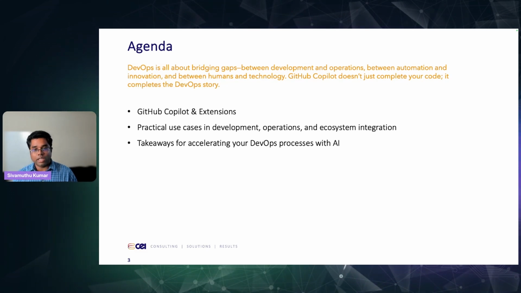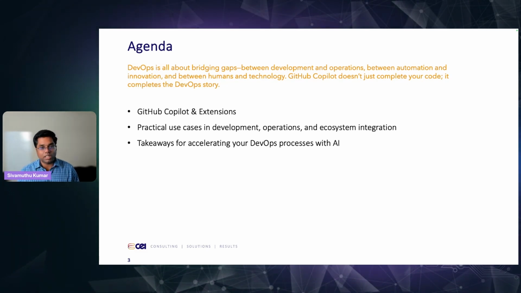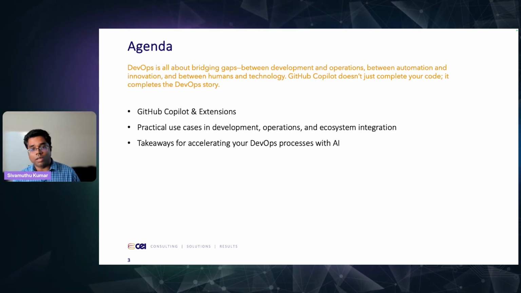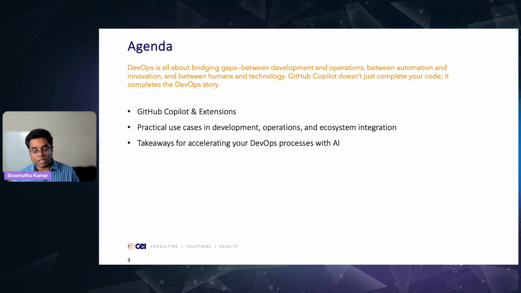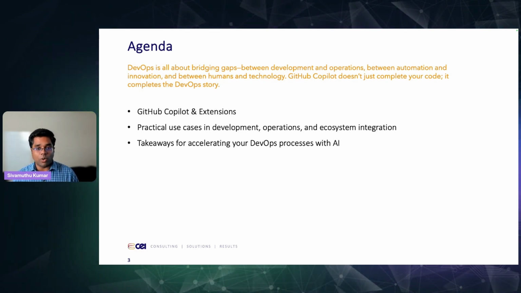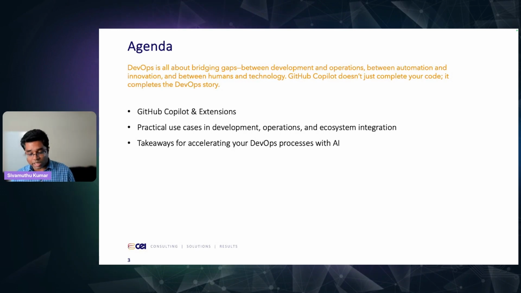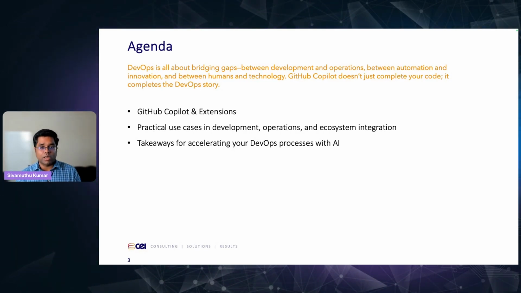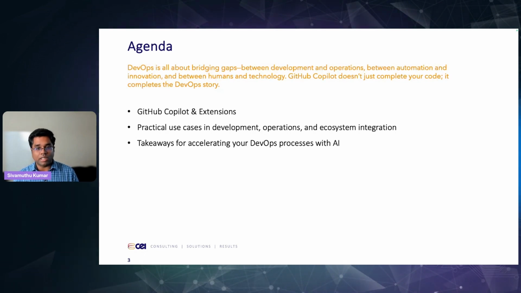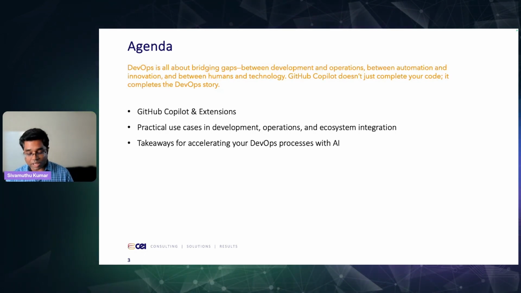GitHub Copilot started as a coding suggestion tool, and with the new set of features and the new direction it's going, it's not only writing code or giving code suggestions. Now GitHub Copilot is trying to complete the narrative, by becoming an essential partner for development and operations in the complete SDLC DevOps lifecycle.